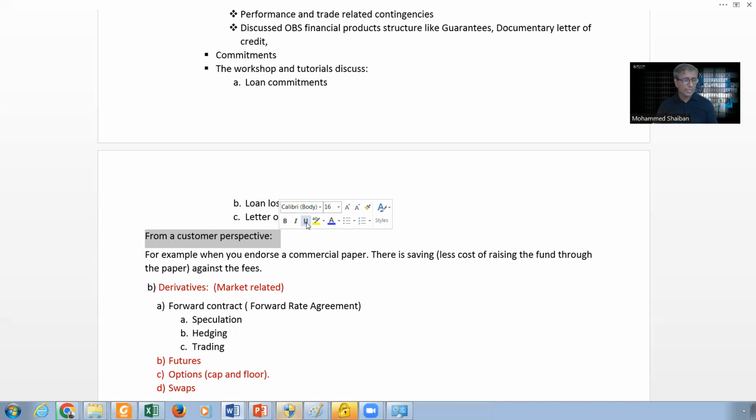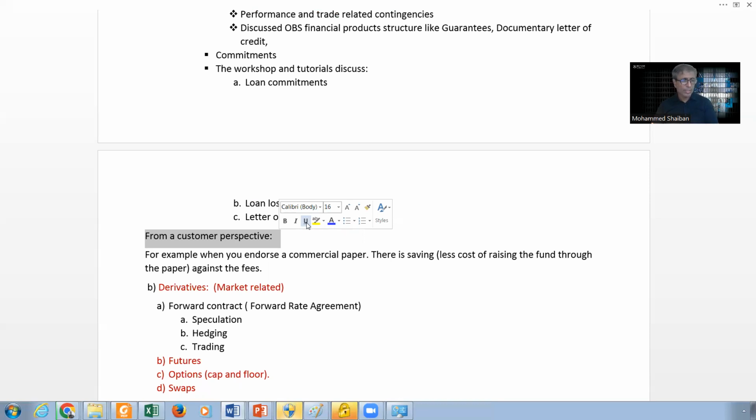One option is to have the paper endorsed, which is the commitment to pay, and in this case the bank will charge a fee for that. Or you don't endorse it, and the lender in the market may request a higher return.